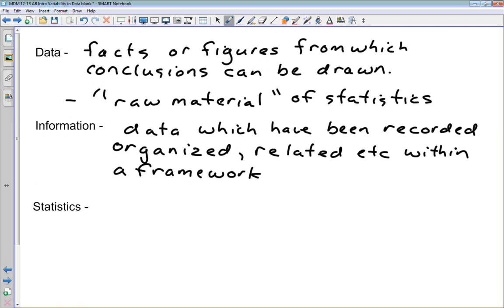And the whole point of doing all of this is to figure out what this data actually means, so that the meaning is clear.